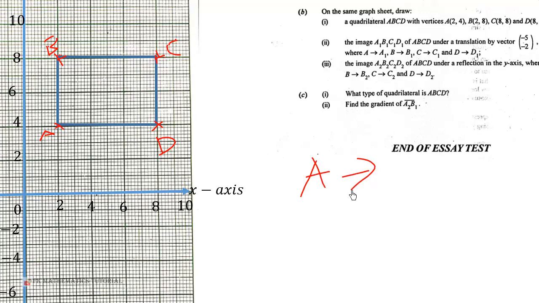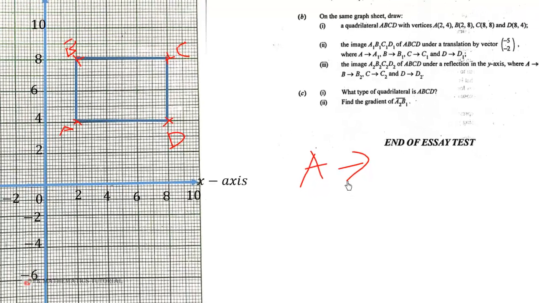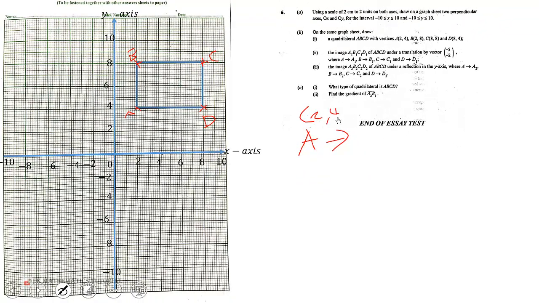So A will map onto A1. So A is having coordinates 2, 4. Now if you apply the translation, then A1 will have 2 plus -5, then 4 plus -2. So A1 will now have coordinates -3, 2.